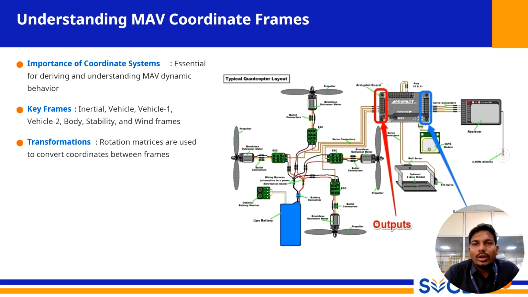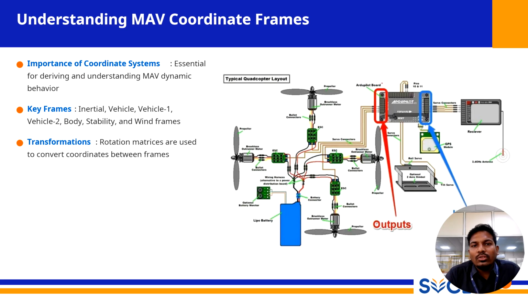As we delve deeper into the mathematical model of the MAV, we must first establish a clear and concise way to describe its motion, position, and orientation. This is accomplished by using a set of coordinate frames, which are the subject of this slide. The importance of coordinate systems cannot be overstated.